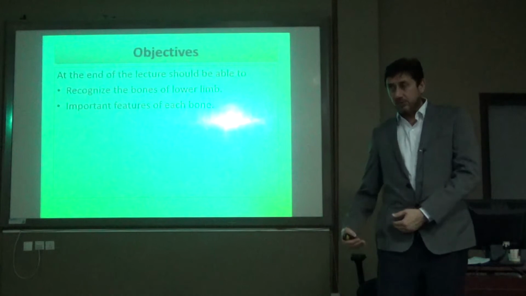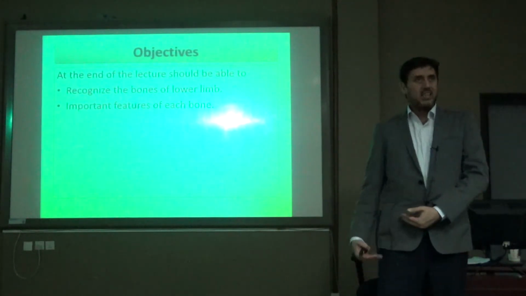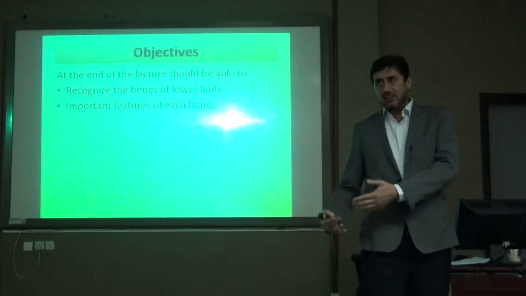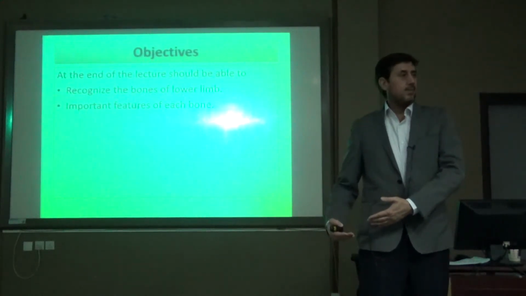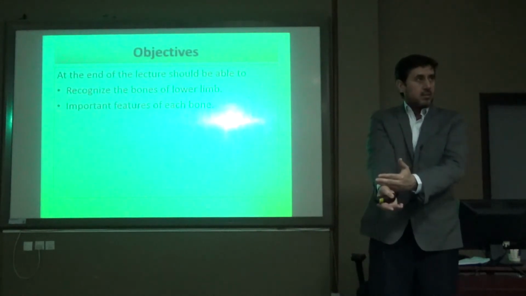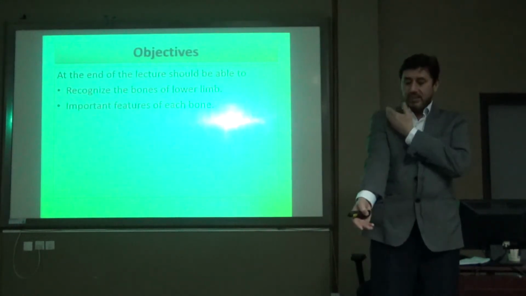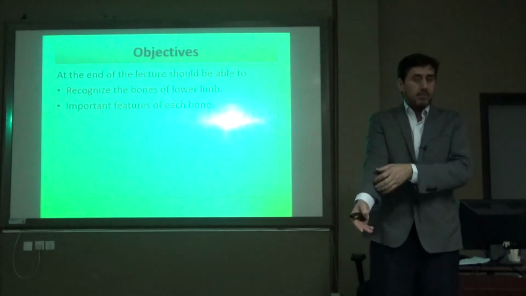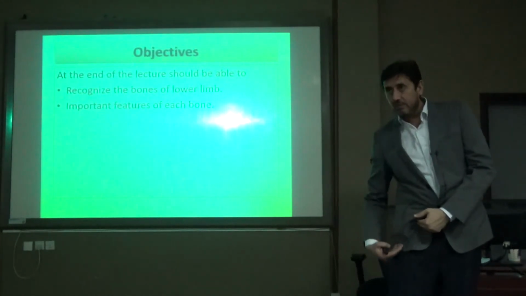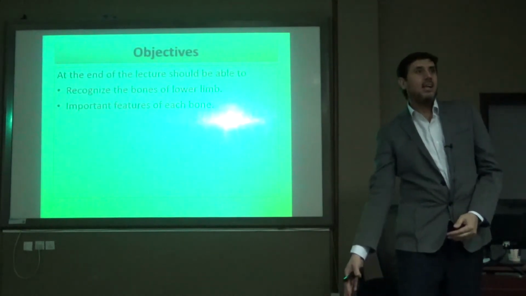Lower limb is divided into leg and thigh. Thigh is between hip joint and knee. Between knee and ankle is known as leg. Is it clear? This is the arm and this is forearm. Anatomically we are not saying this is the arm, we are saying upper limb. What is this? Arm, and here we have thigh and leg.